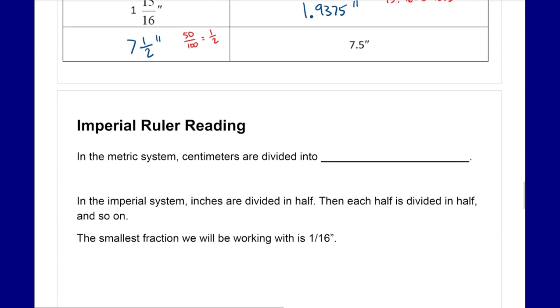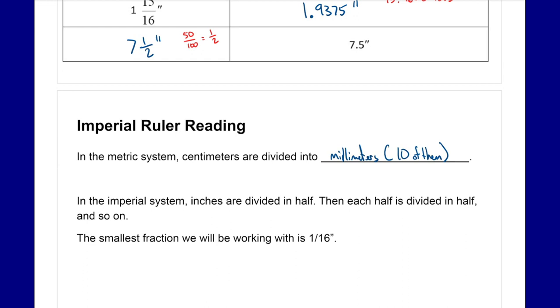So in the metric system, centimeters are divided into millimeters, specifically 10 of them. So when we're reading a ruler in the metric system, there's 10 equally spaced dashes in every centimeter.